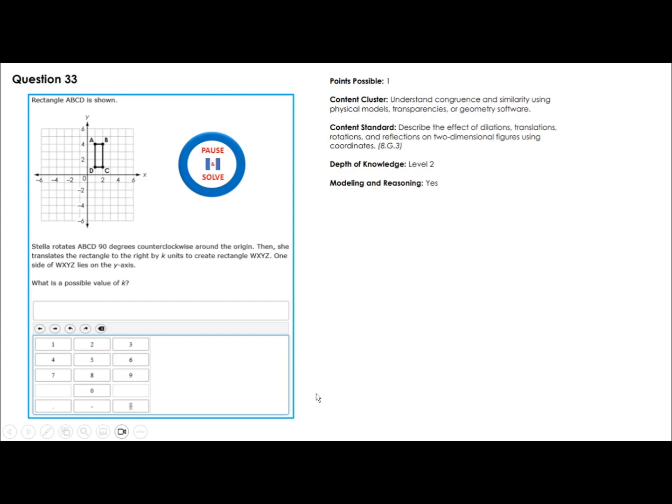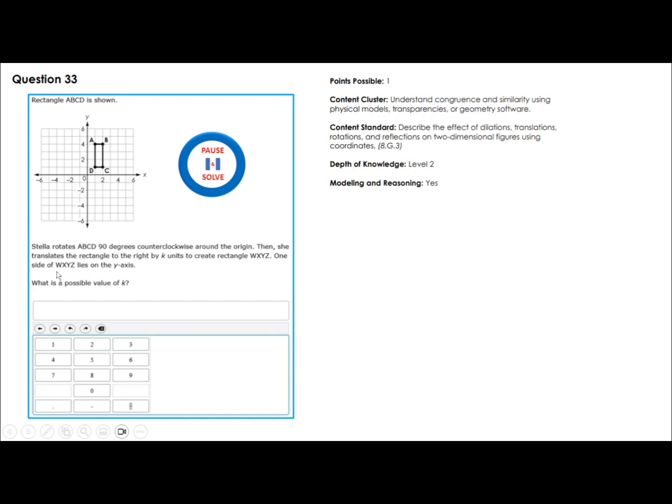Rectangle ABCD is shown. Stella rotates ABCD 90 degrees counterclockwise around the origin. So this is going to end up being here, okay? Counterclockwise 90 degrees. Then she translates the rectangle to the right by k units to create rectangle WXYZ.